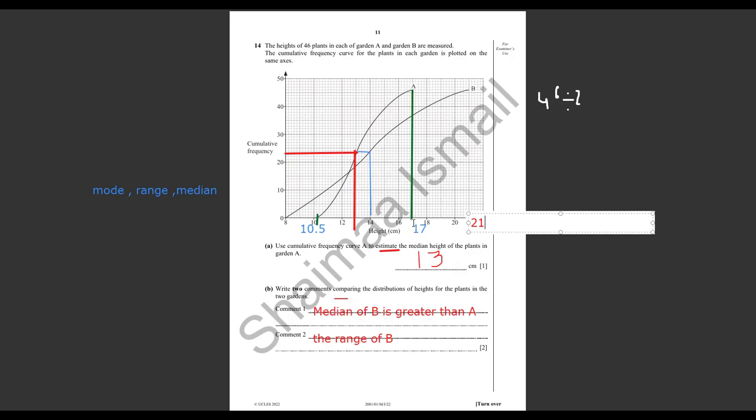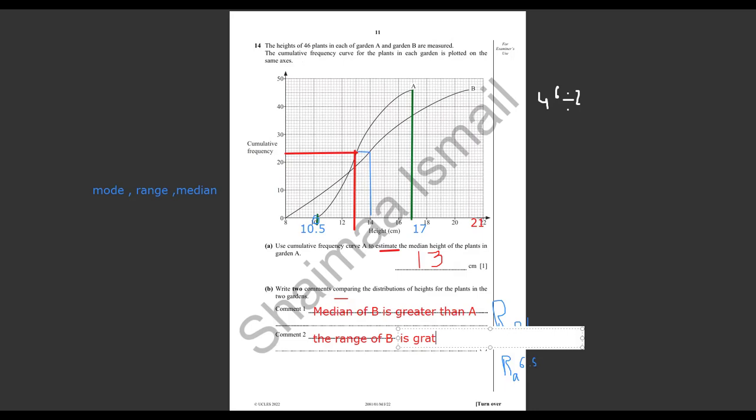The range of B is 21, and the range of A would be equal to 17 minus 10.5, which is 6.5. So it's clear that the range of B is greater than A.